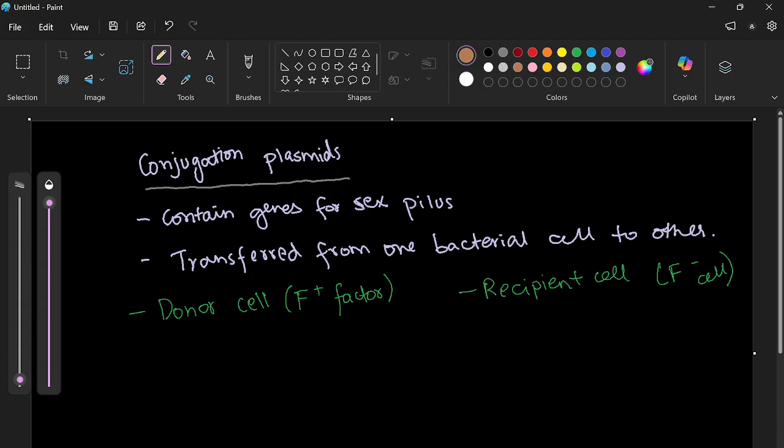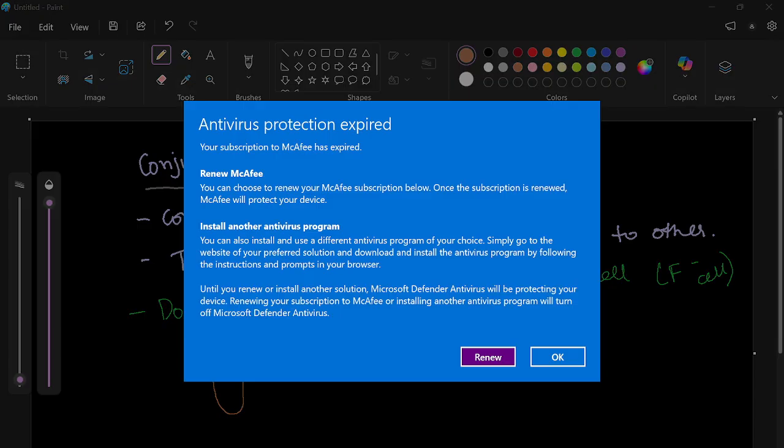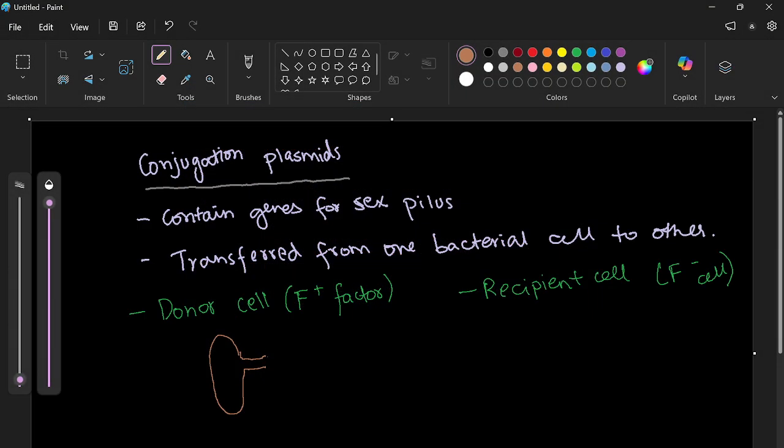simple one, so I'm going to be drawing a cell again here. So, okay, this is a donor cell, okay, and it is forming a sex pilus, okay, with another cell with no plasmid. So one of these cells has the plasmid while the other lacks it.